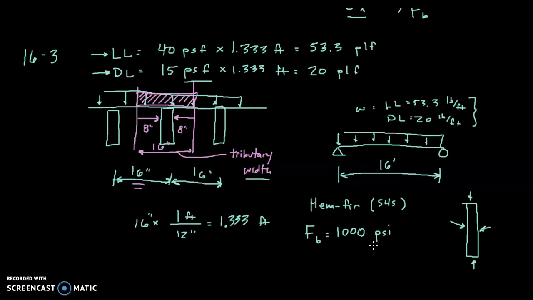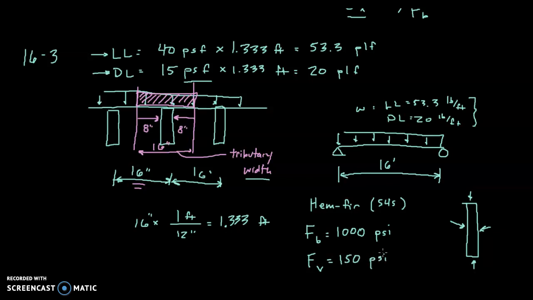The loads that timber resists are typically in the magnitude of pounds rather than kips. Wood, although it has a good strength to weight ratio, is not as strong as steel, which uses kips. And we'll also need to know the allowable stress with respect to shear. That's 150. You can see that's quite a bit less.